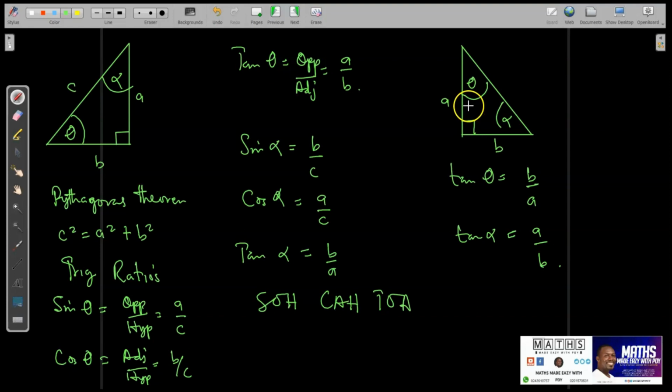I don't know if what I'm trying to say is making sense. It makes sense. Continue. So it means you have two different methods of getting the same answer. Yes.